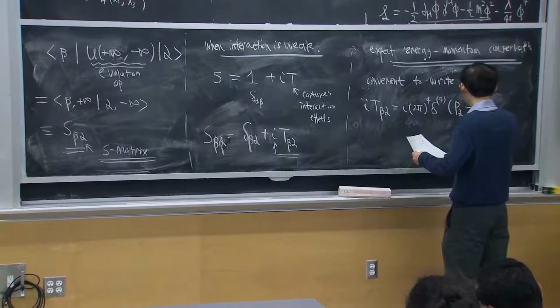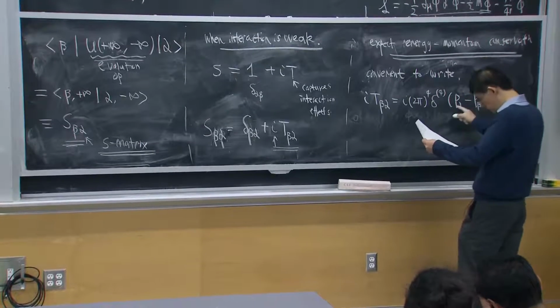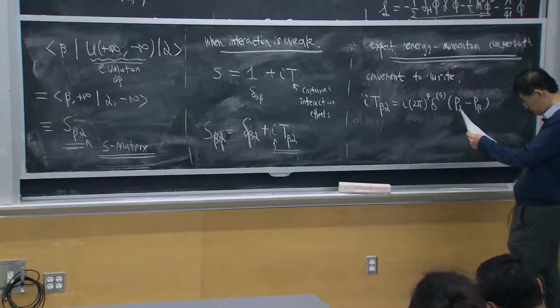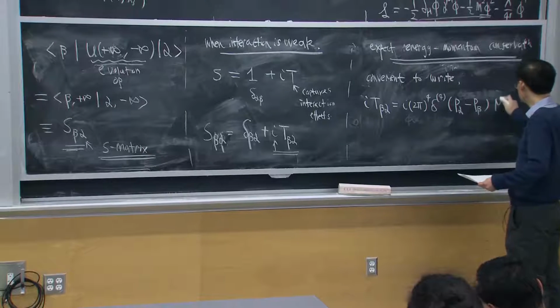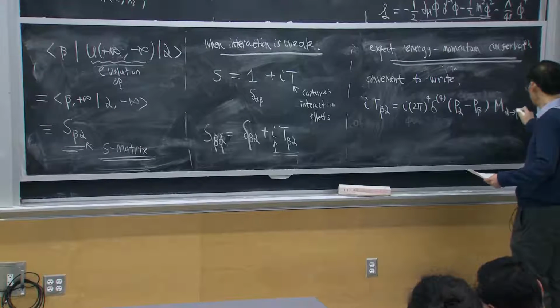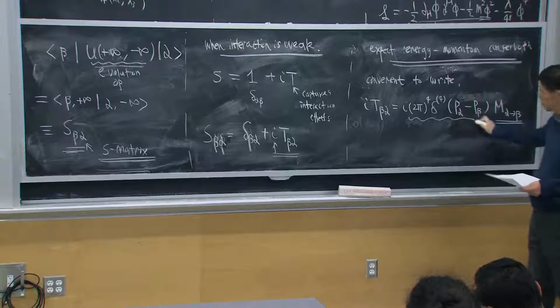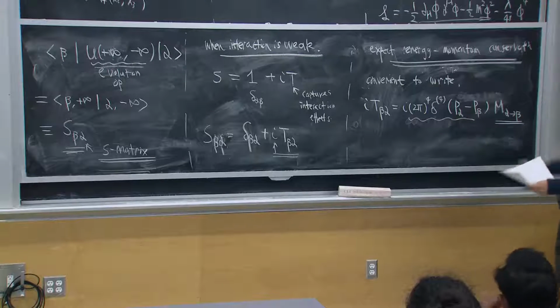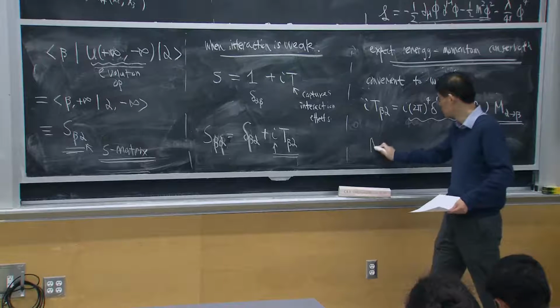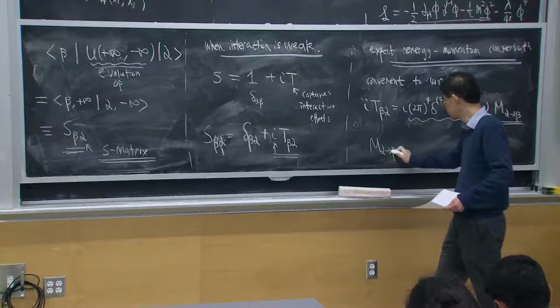Here p alpha and p beta mean total momentum for alpha and beta, and then you have M alpha beta. This is the non-trivial part. This part is trivial, you expect it from kinematics. This M alpha beta is called the scattering amplitude.